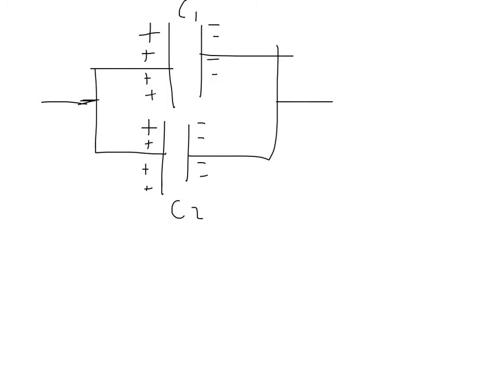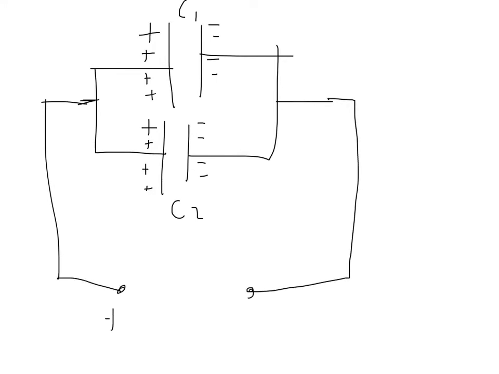Okay, so when they're in parallel, the voltage across this set of capacitors is V. It's whatever battery voltage you put on it there. And then the relationship, of course, that we're going to turn to is that Q is equal to CV.